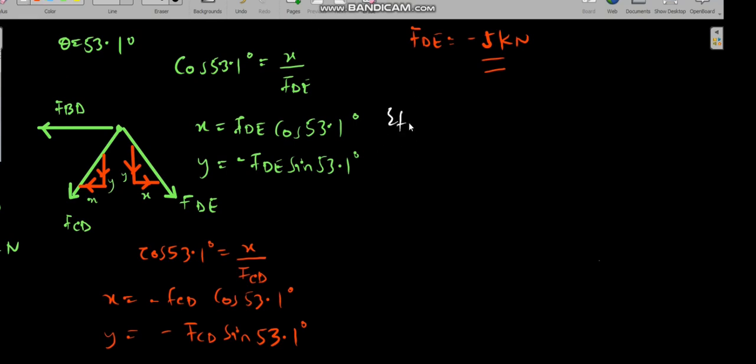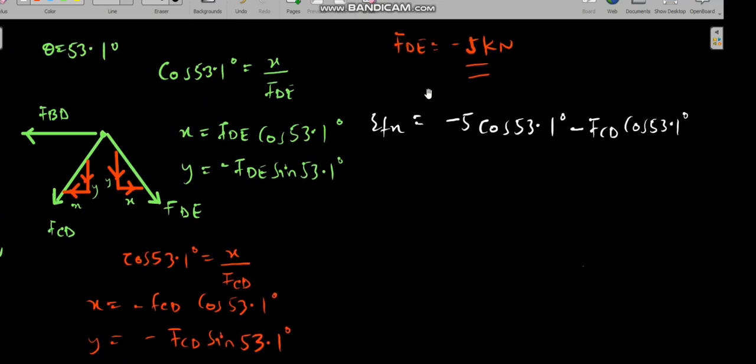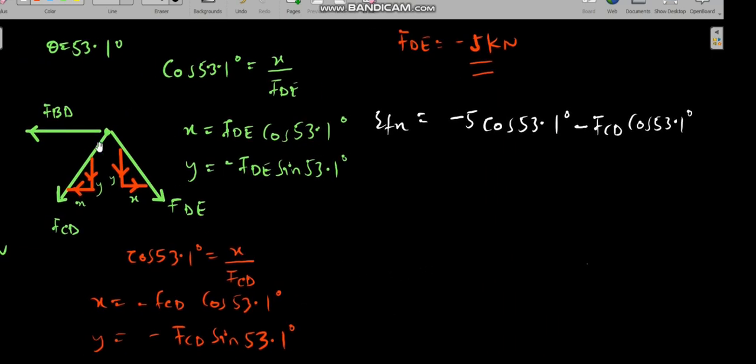Summing forces in the x direction, we have FDE cosine 53.1, and we know FDE is minus 5 kilonewtons, so that's minus 5 cosine 53.1 degrees, plus the other x component, which is minus FCD cosine 53.1 degrees, and then plus FBD that we have here. But FBD is moving in the direction opposite to the negative x axis direction, so it will be negative.